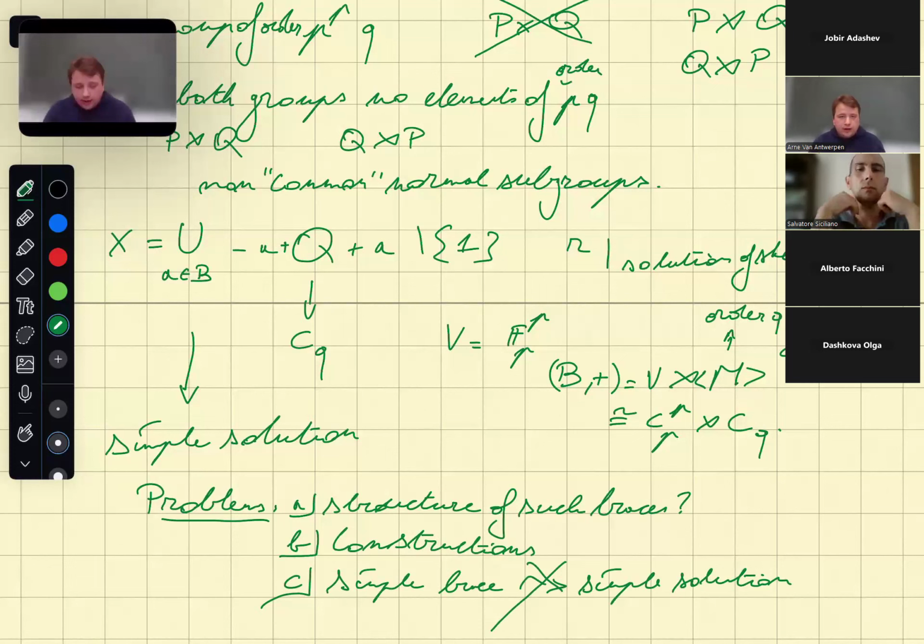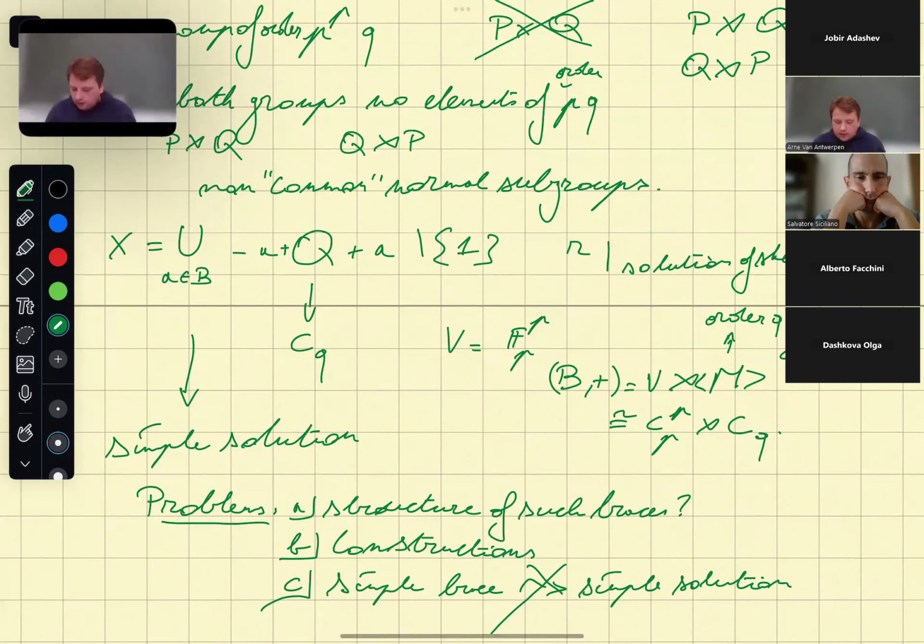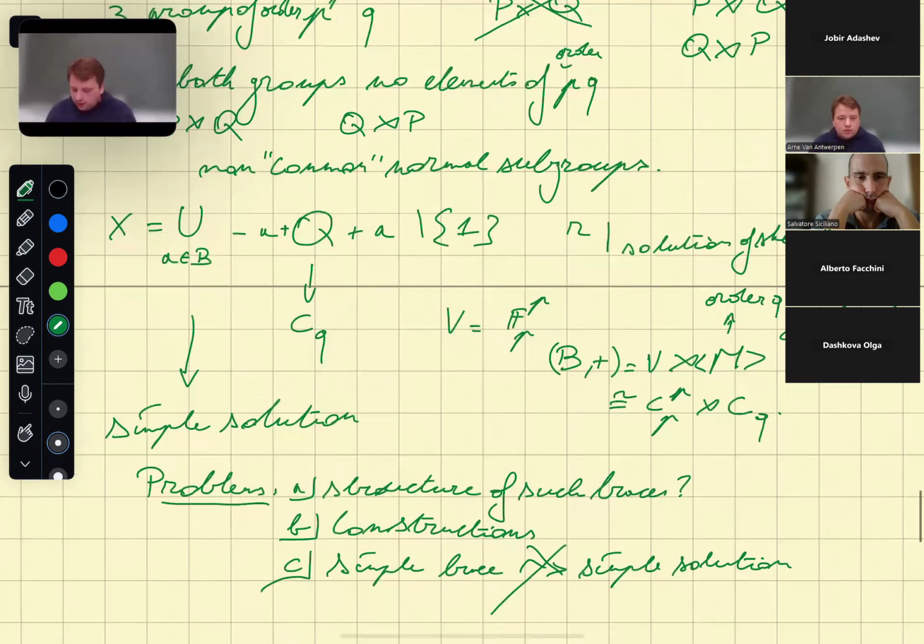There are a lot of families of braces where the addition is indeed abelian, created by Sudo, Jespers and Okninski. So it would be interesting to look, can we always create simple solutions in these? Those are some minor problems.